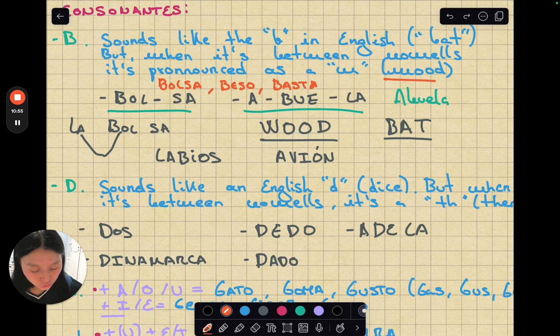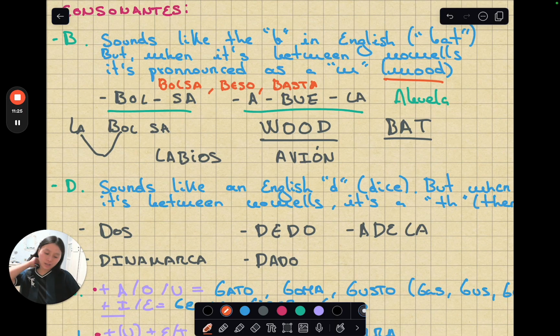When you say would, your lips get together, but they don't touch. When you say bat, your lips close completely and they do a little explosion. Ba, ba, ba. In wood, there's air going through. See that? I don't know if you can see my lips because the video is kind of dark, but it's w, w, w, wood. Okay?